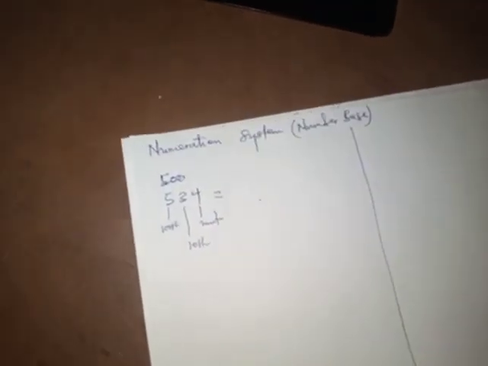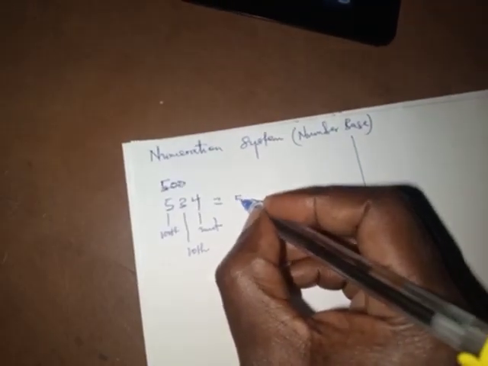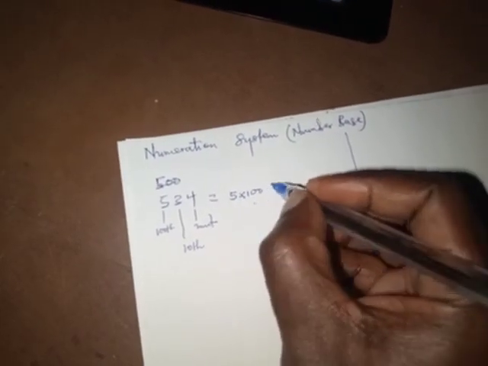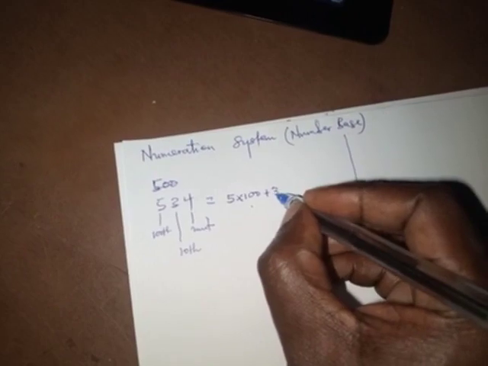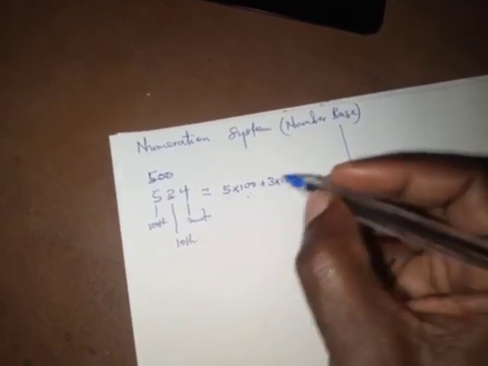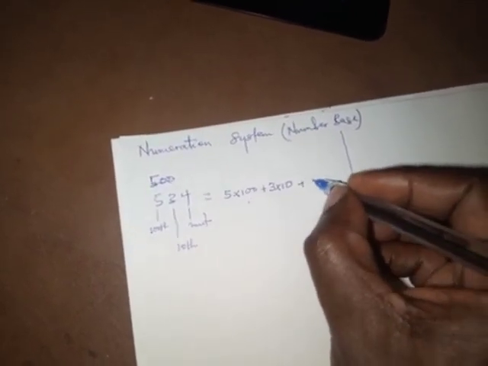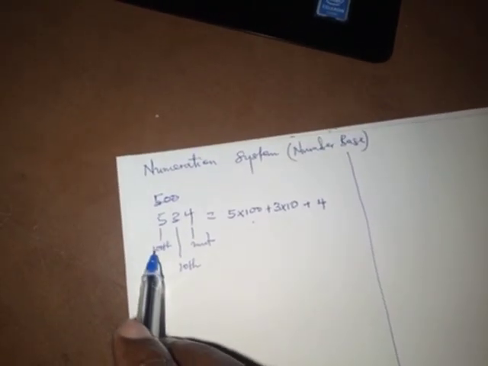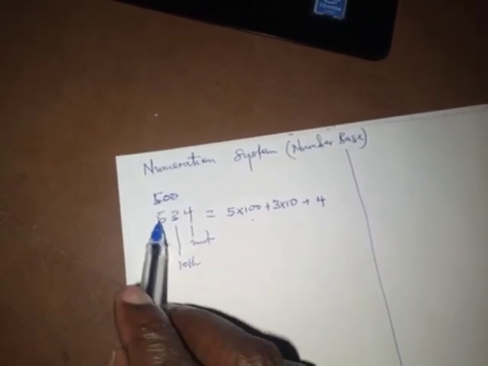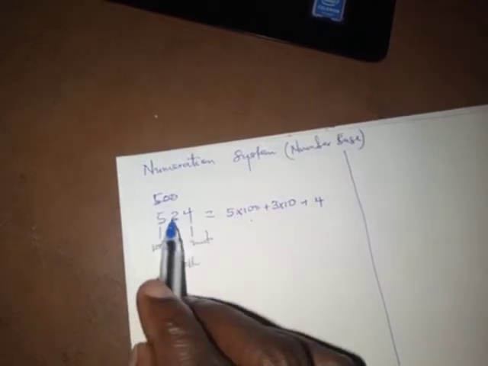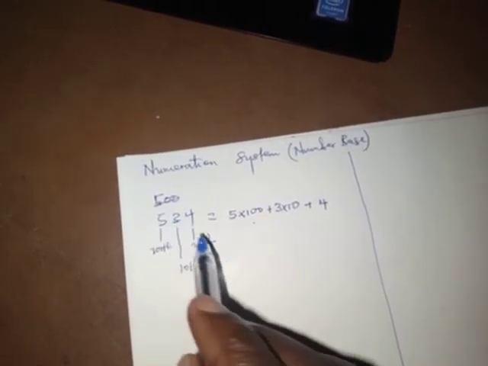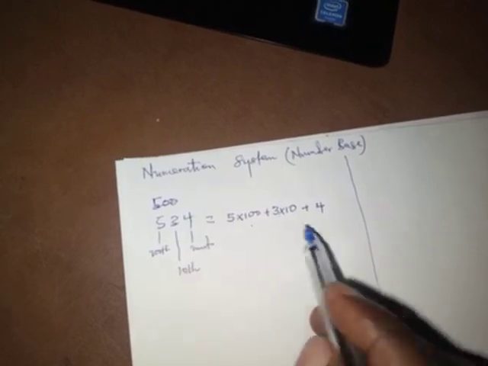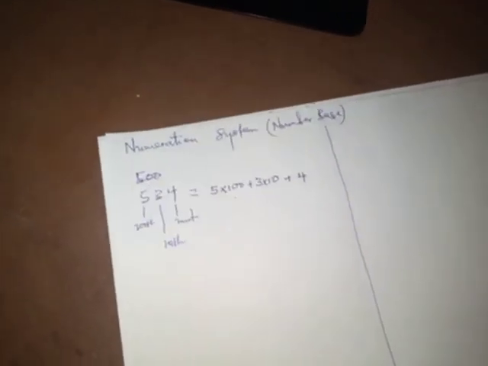Look at this. I could split this up into 5 times 100 plus 3 times 10 plus 4 times 1, which is 4. So the 5 occupies the hundredth position, so 5 times 100 plus 3 times the tenth, then 4 times the units.